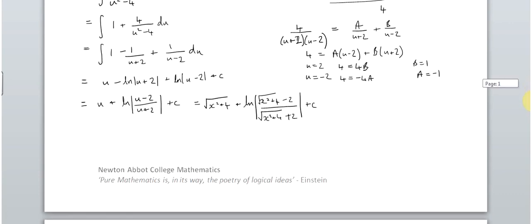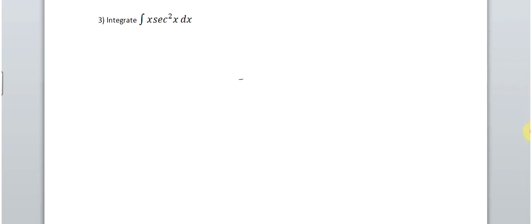And now on to number 3. Okay, so we've got integration by parts here. So as usual, unless you've got an ln floating around, then x is u, which gives us a du by dx equals 1. dv by dx is equal to our sec squared x, which means that v equals tan x. And now we can just substitute.